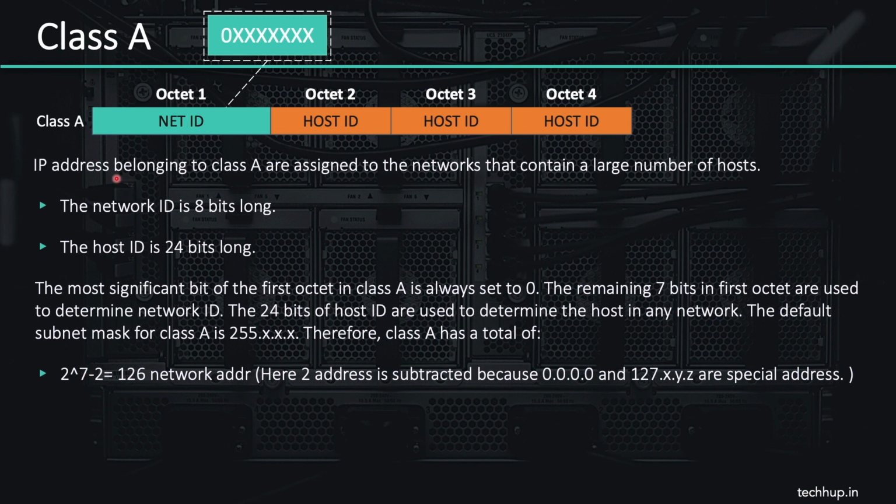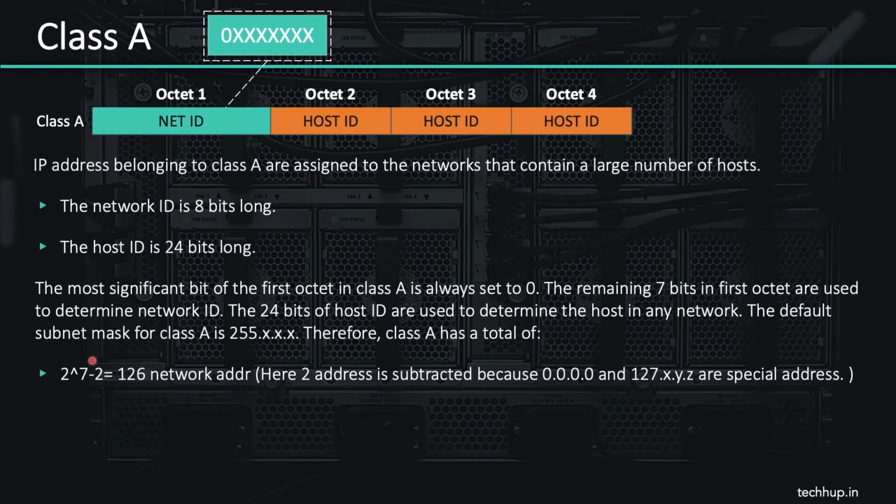And here we saw that we have only one octet towards the network addressing, and within that the first bit is reserved towards the class A addressing, and we have only 7 bits towards the network addressing.